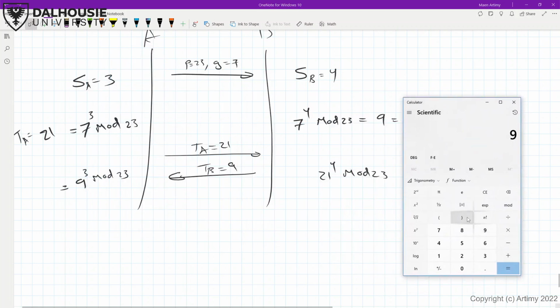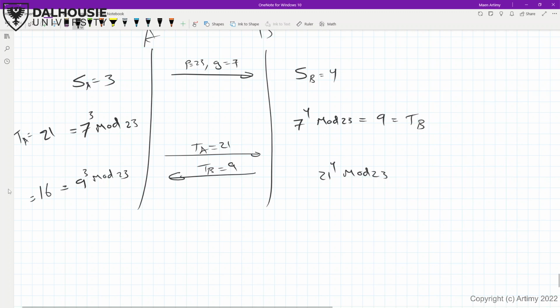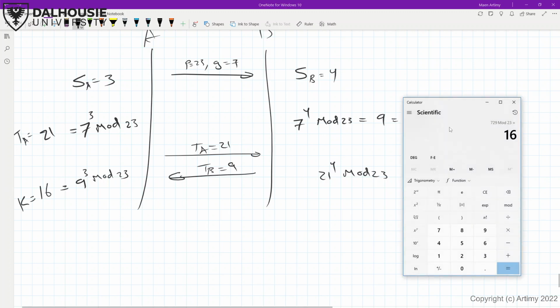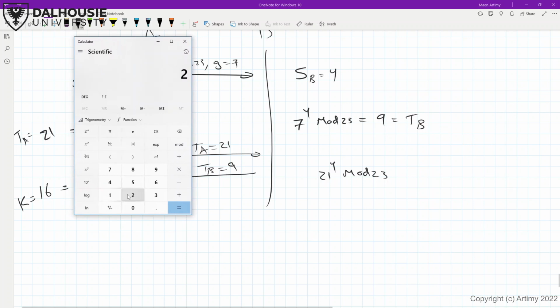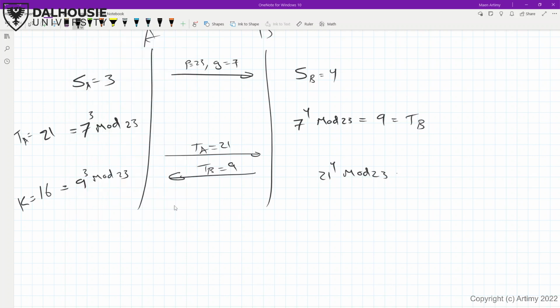So 9 to the power 3 mod 23 gets 16. That's K. And 21 to the power 4 mod 23, that's 16.